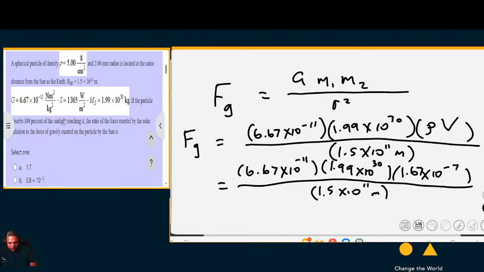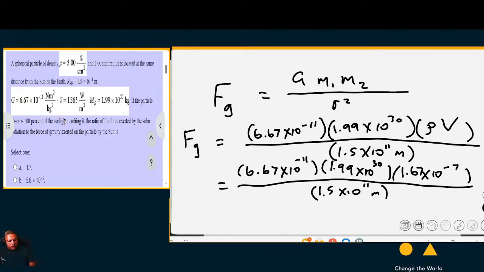Okay, so it's 6.67 times 10 to the negative 11 multiplied by 1.99 times 10 to the 30, multiplied by 1.67 times 10 to the negative 7.